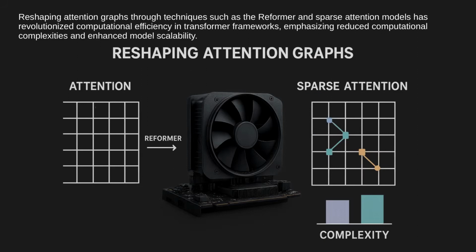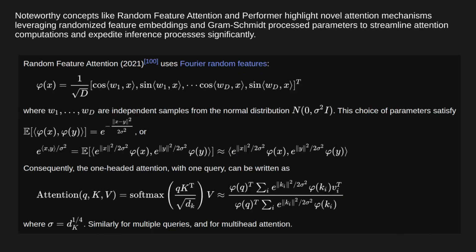Reshaping attention graphs through techniques such as the Reformer and sparse attention models has revolutionized computational efficiency in transformer frameworks, emphasizing reduced computational complexities and enhanced model scalability. Noteworthy concepts like random feature attention and Performer highlight novel attention mechanisms leveraging randomized feature embeddings and Gram-Schmidt processed parameters to streamline attention computations and expedite inference processes significantly.